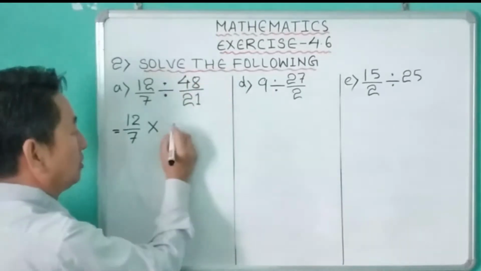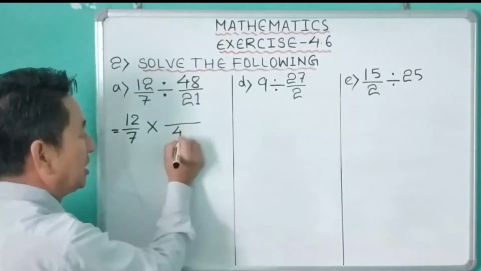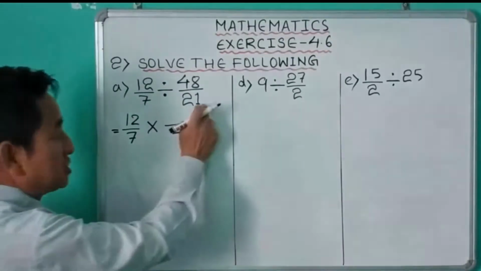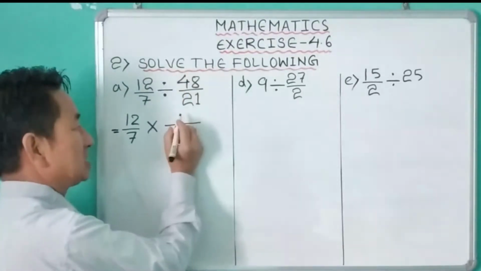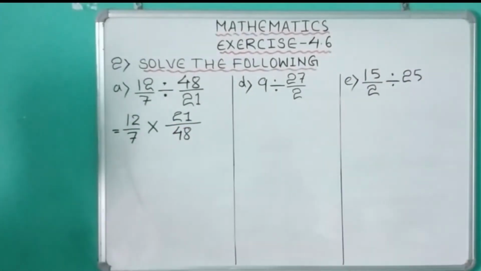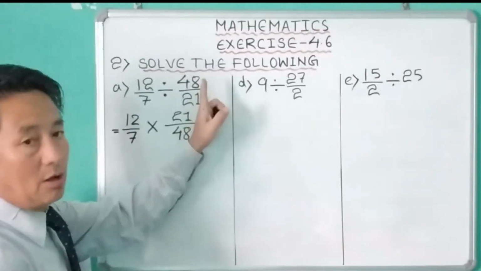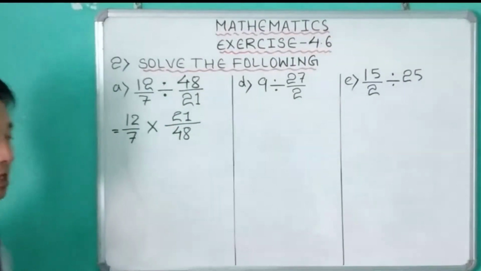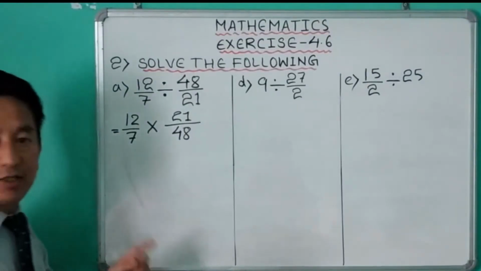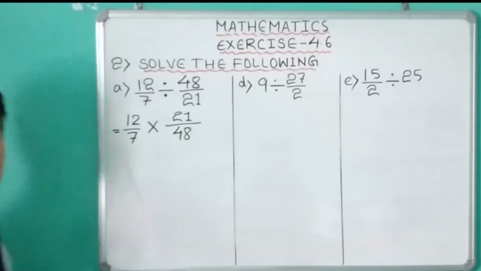Now this numerator 48 will be written as the denominator here, and this denominator will be written as the numerator, 21. Here 21 over 48 is the reciprocal of 48 over 21. Now after that you can see a multiply sign between these two fractions.